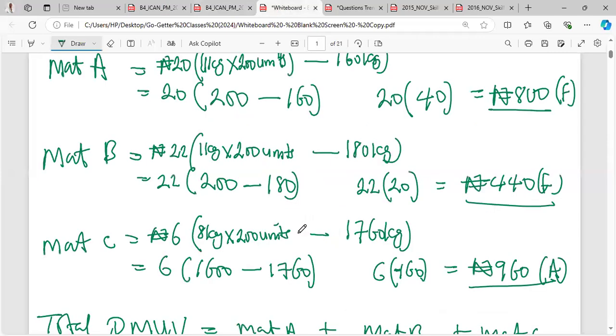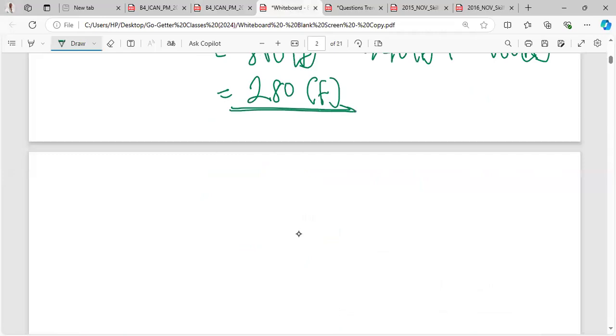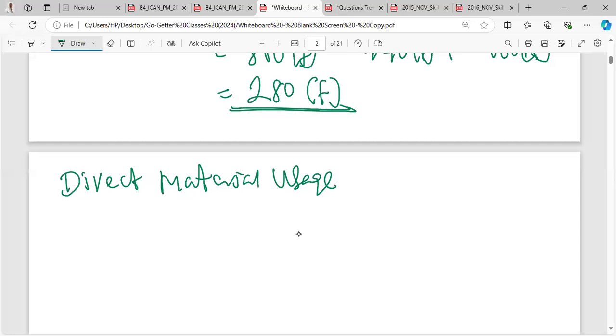We are assuming that these are standard materials. This is direct material usage mix variance.